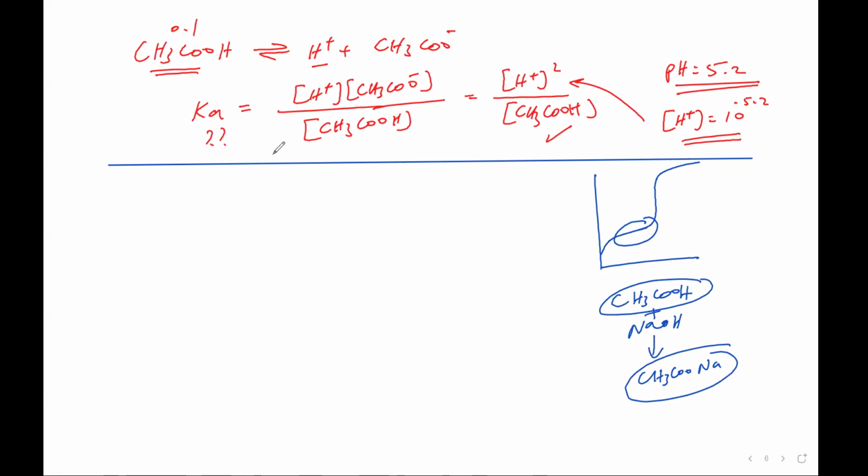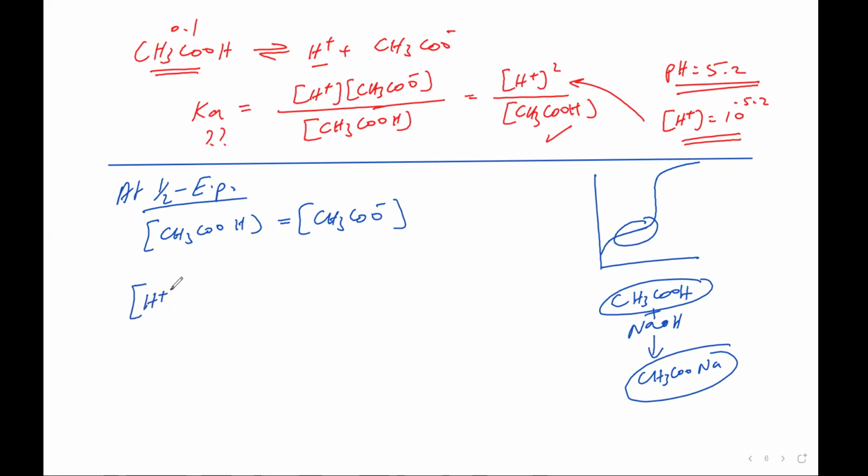And so we say that at half the equivalence point, the concentration of the acid is equal to the concentration of the conjugate base. If I rearrange the above equation, H positive equals Ka times the concentration of the acid divided by the concentration of the base.